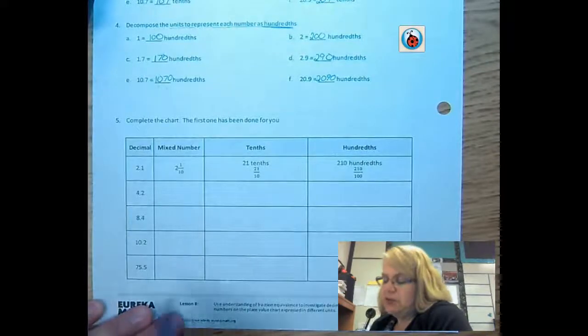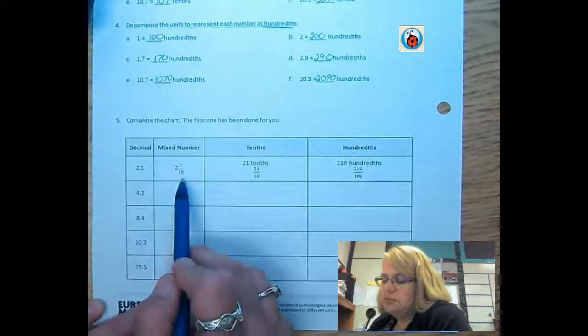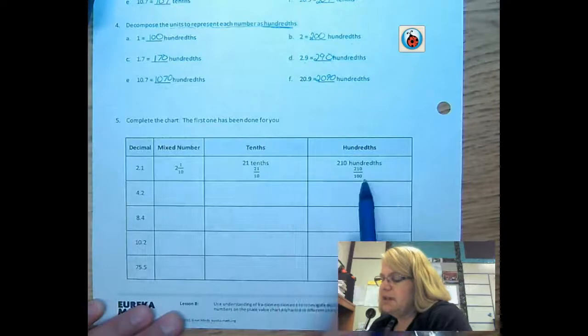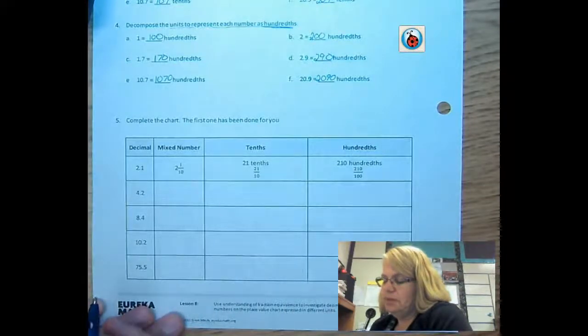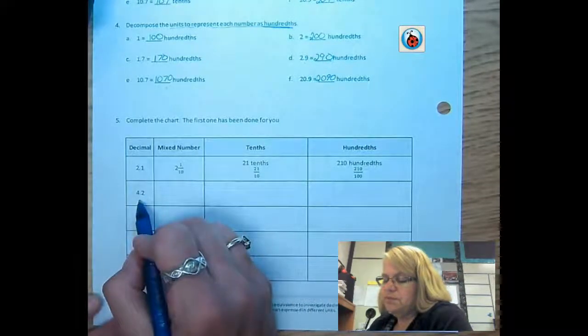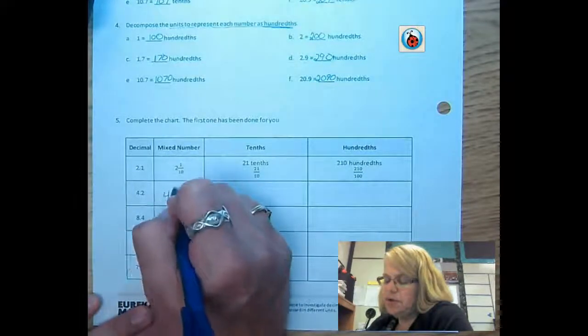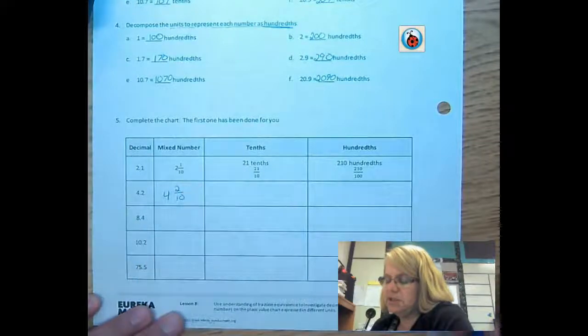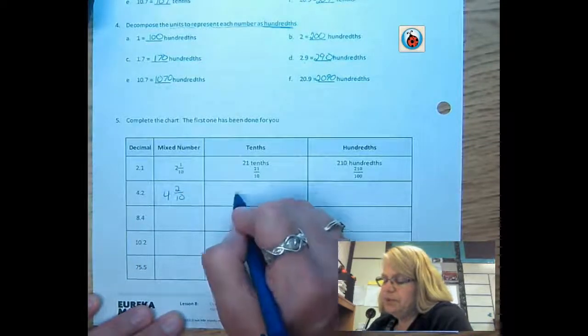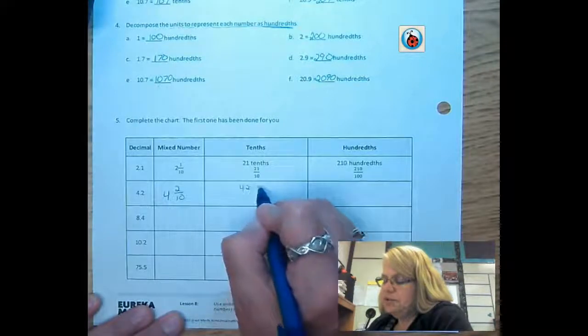Okay. Oh good, now we have a complete the chart. First one's been done for you. Decimal, mixed number, tenths, hundredths. Okay. So the decimal is 4.2. So we would write that as 4 and 2 tenths as a mixed number. How many tenths do we have? We have 42 tenths.